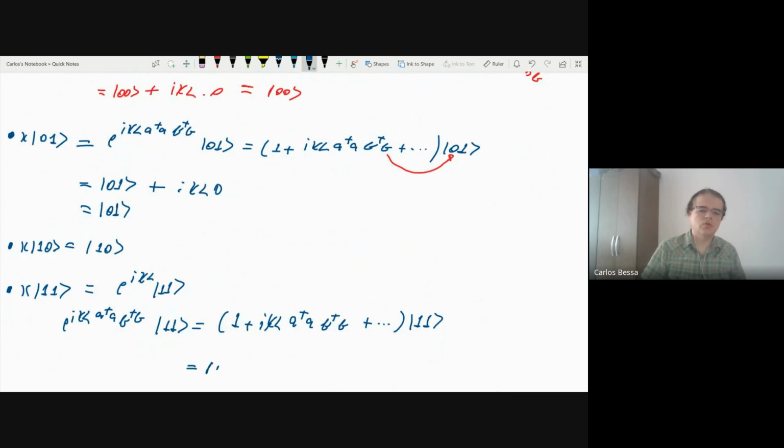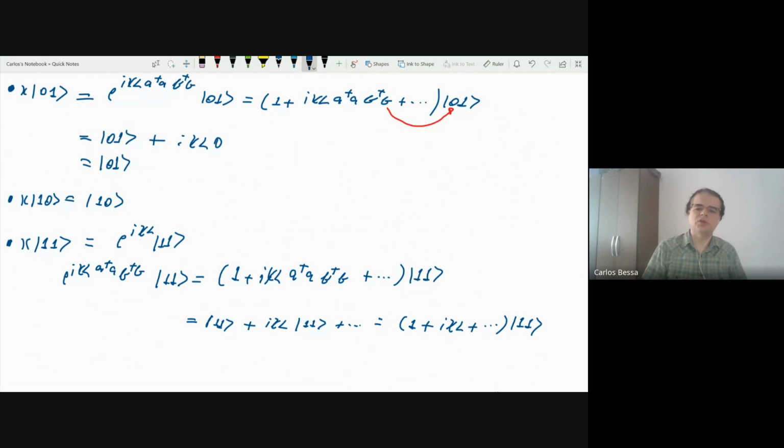So this is 1, 1 plus i chi L, and now b, the destruction operator, will annihilate this photon, so you have 0, but then you have the creation. The 0 will become 1. And the same thing for a when applied here. So this will be 1, 1 plus higher order terms. So in the end, we have 1 plus i chi L plus higher order terms, 1, 1. And this is the exponential expansion. So this is what we found here: e to the i chi L, 1, 1.